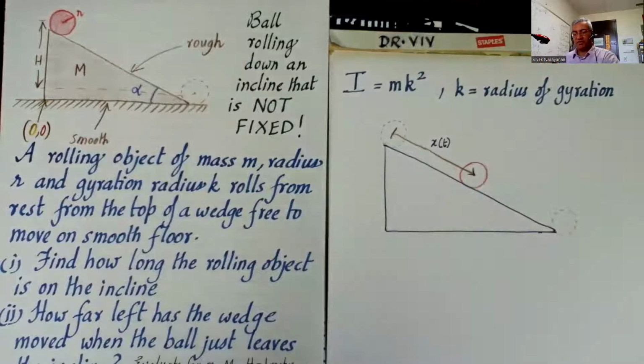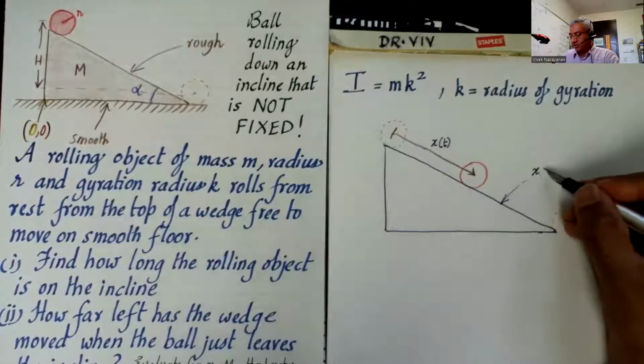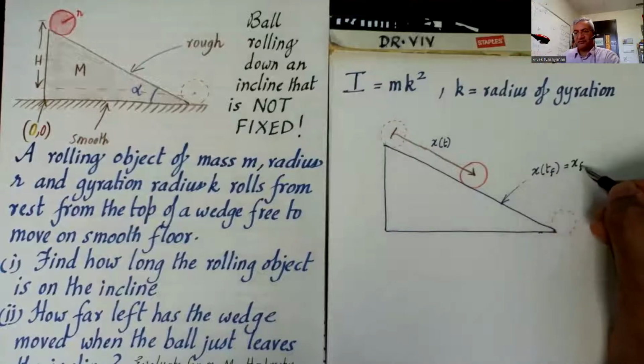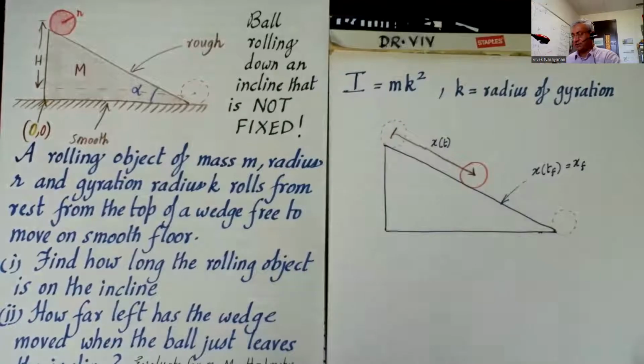So x will be a function of time. When the object has reached the full distance, the x will be x of tf, which I'll simply call xf. So that's the length of the entire incline, x of tf.